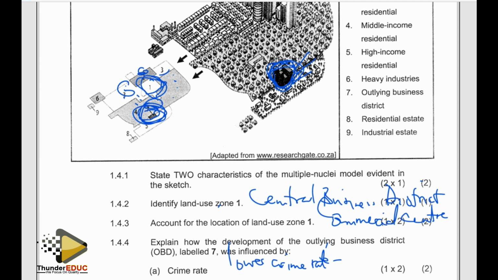Insuring their properties will be costly if there is a high crime rate in the area. So businesses will favor locating here because insurance payments related to crime are less costly. That is basically what happens with the outlying business district.